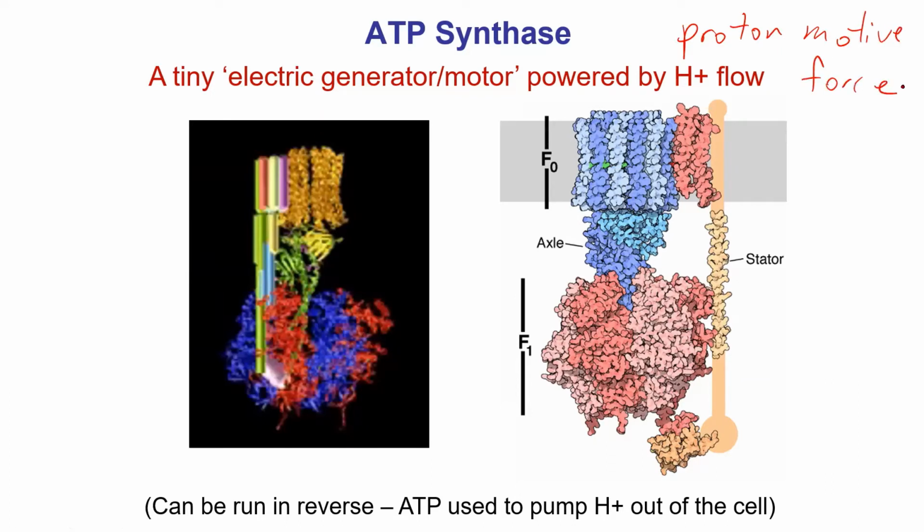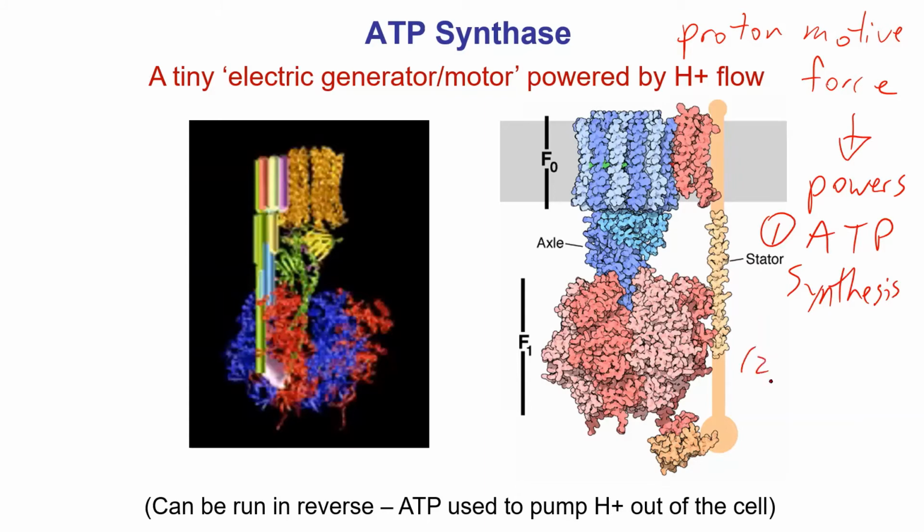So you're probably thinking, wait a second, what else have we been talking about in Biology 107 that rotates? The proton motive force powers at least two things anyway: ATP synthesis, which we just talked about, and the other thing that rotates is your prokaryotic flagella.